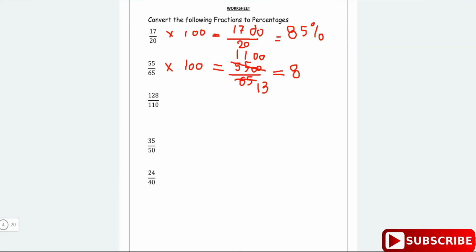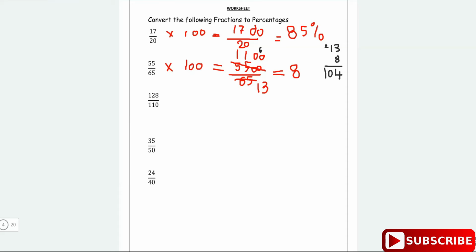So it's good to write it down somewhere on the paper to remember that 13 times 8: 8 times 3 is 24, carry the 2, 8 times 1 is 8 plus 2 is 10. That's 104. So this leaves a remainder of 6.